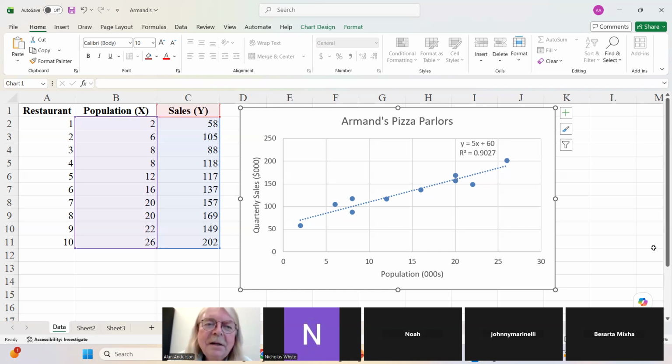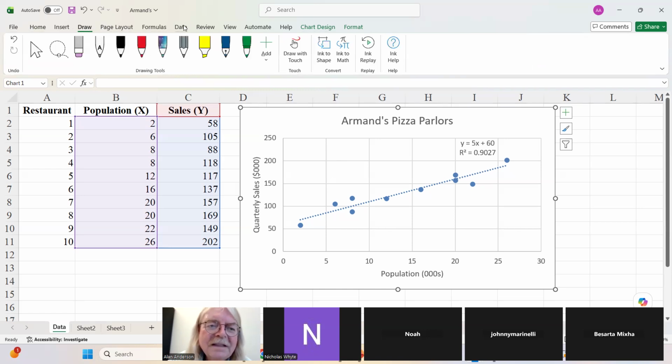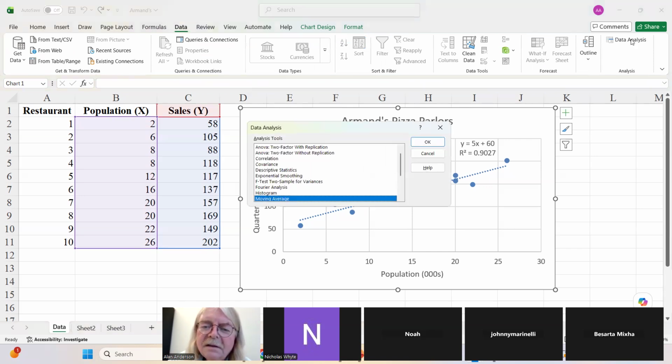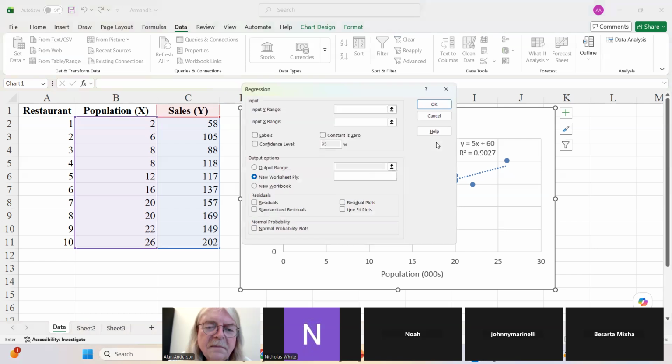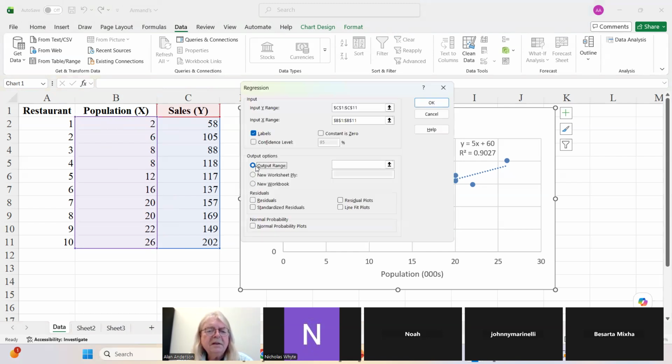Okay, you come over here. Data analysis, regression. Input. Now you've got to be careful here to make sure you know which is X and which is Y. Y, X. Make sure you tell it that you're using labels. And let's put this on the next page so it doesn't interfere with what we have here.